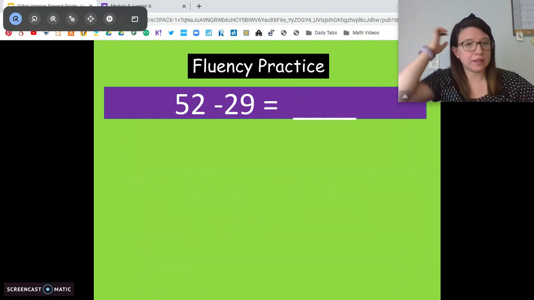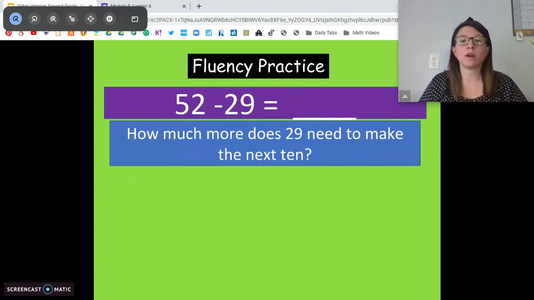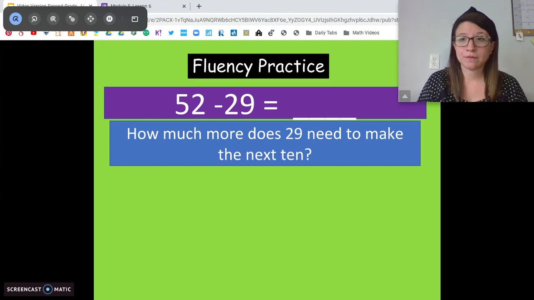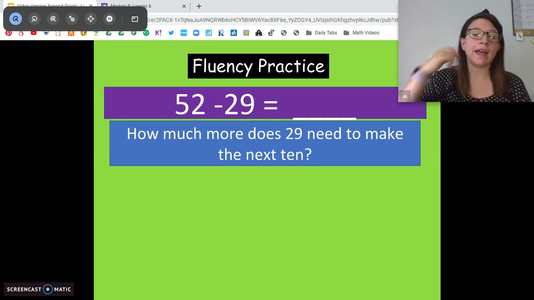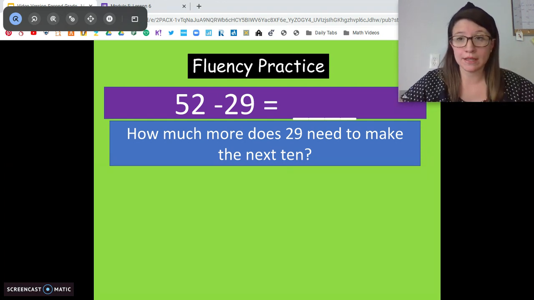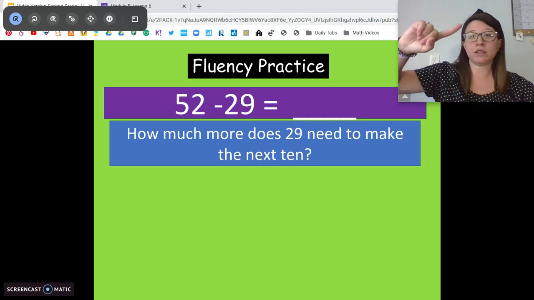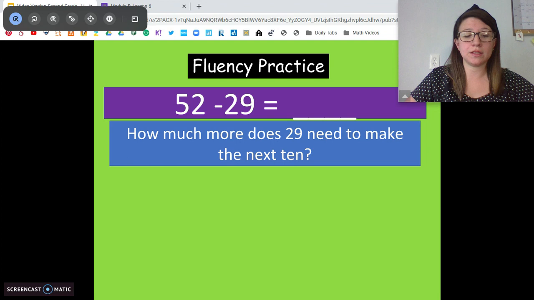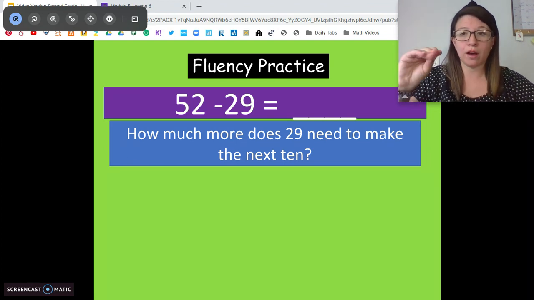Okay, try this one. How much more does 29 need to get to the next 10? Just 1, right? Okay, on your paper, I want you to show me what this new number sentence will be if we add 1 to 29 and 1 to 52. What's that new number sentence going to be? Go ahead and pause and write that now.